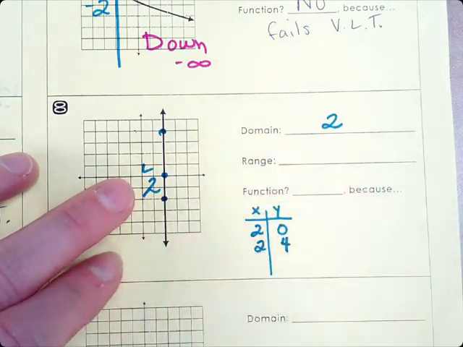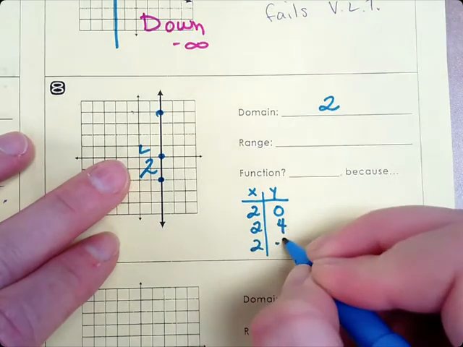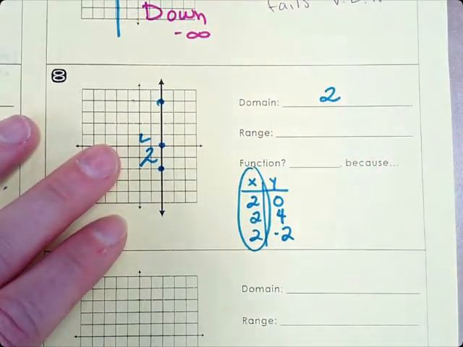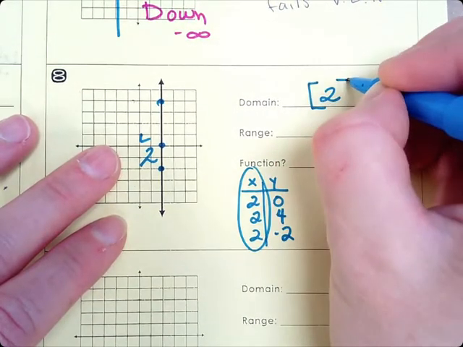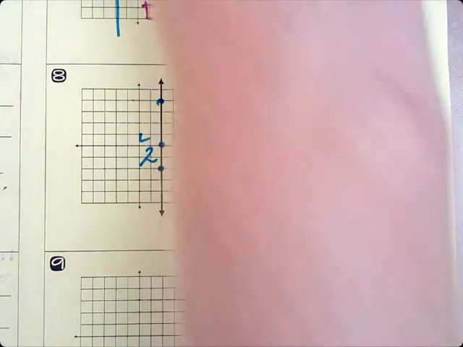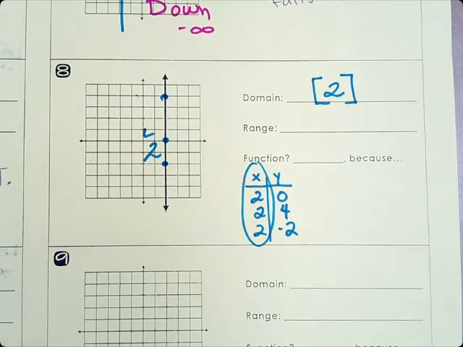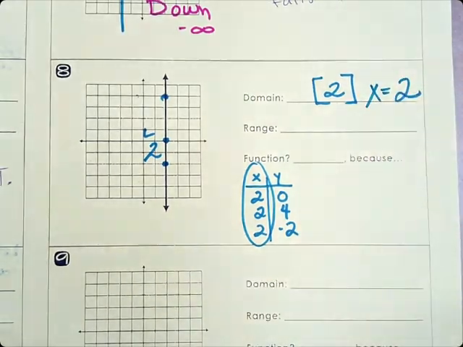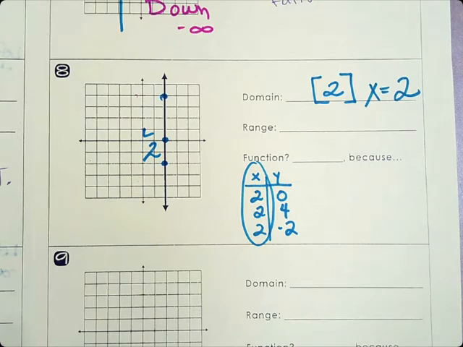Or this point, 2, -2. The only values of x are 2. That is the only value. So let's just put a bracket around it. You only need to list it once. You could also have put just x equals 2 as our domain.